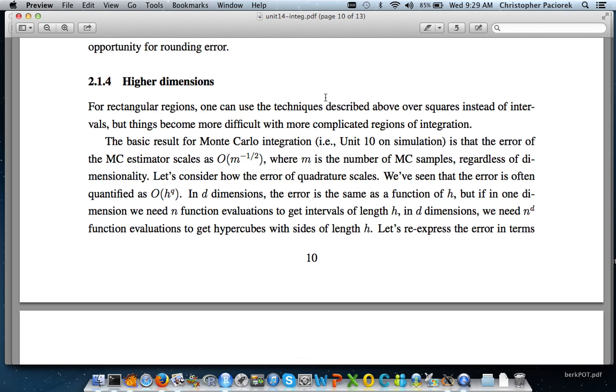But now I have to do n squared evaluations because I'm doing an evaluation at each of the grid points in this grid in 2 dimensions. So I have to do n to the d different evaluations in order to get my h to the q error in this case.